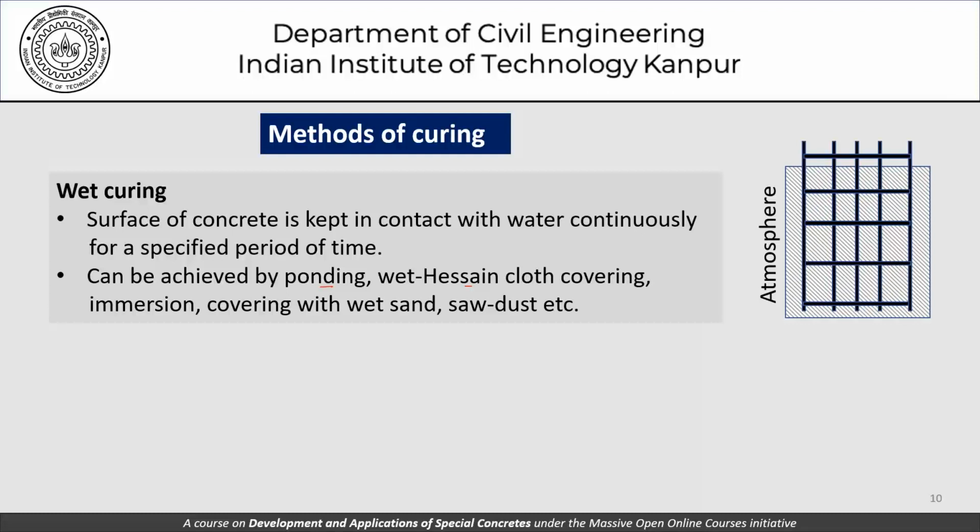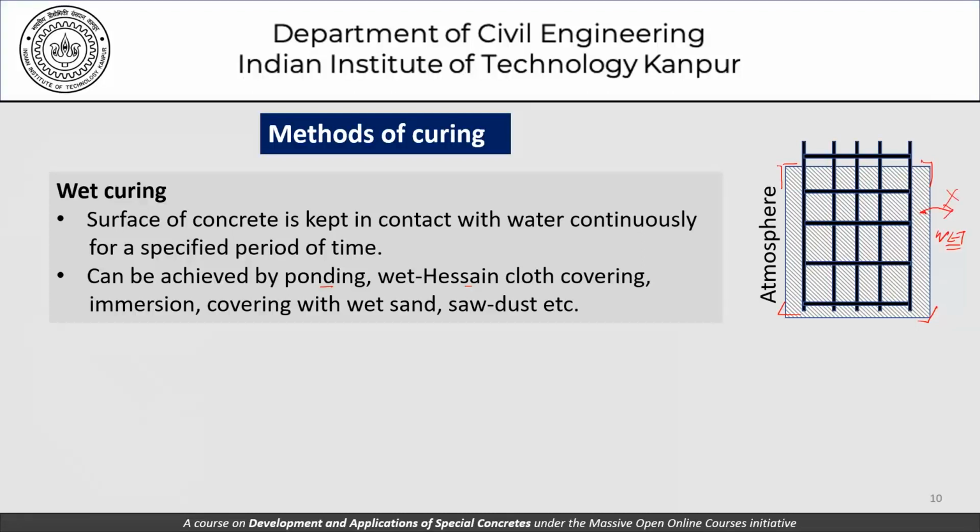Again, the principle is the same. We try to ensure that this surface here is covered by something, and we ensure a wet environment. And this wetness prevents any water from here from escaping into the atmosphere.